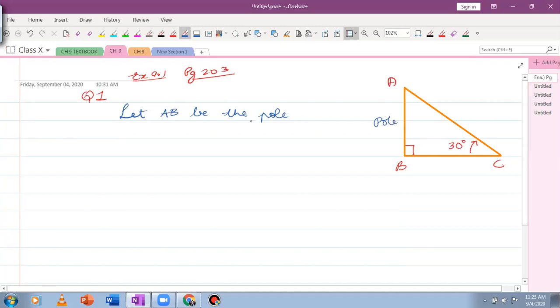So AB here is representing the pole, and let AB equals to H if you want. You can just leave it as such. आप उसका नाम भी यूज कर सकते हो. It's not necessary. AC is the rope and it is given as 20 meters.